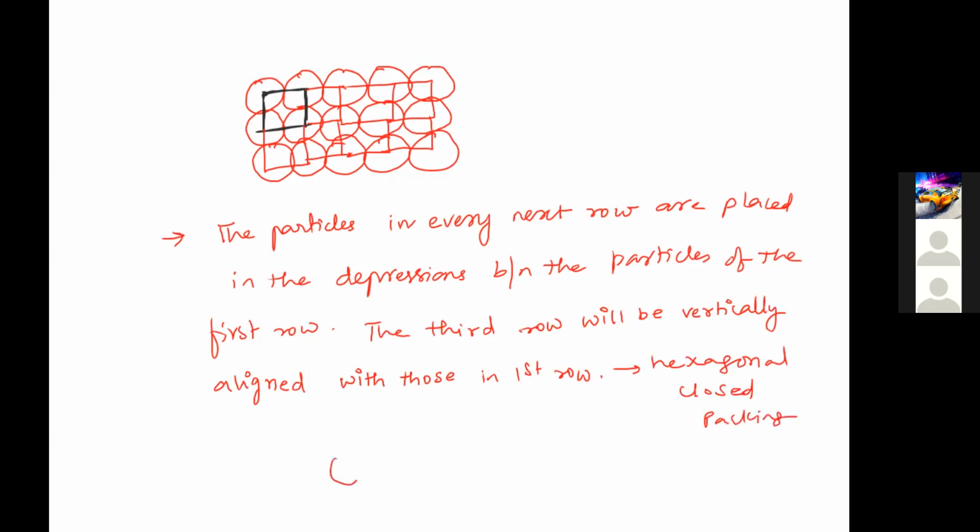So see how 1, 2, 3, 4, 5. So in between the spaces, there's one more, one more, one more, one more. In between the spaces, here again I have 1, 2, 3, 4, 5. If you look at this, the combination looks like a hexagon.